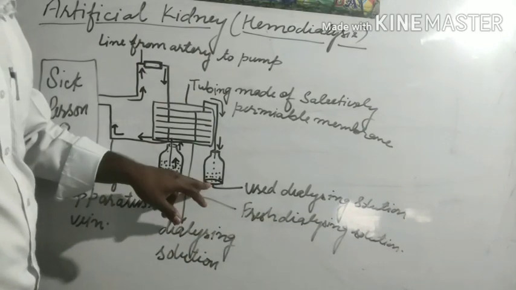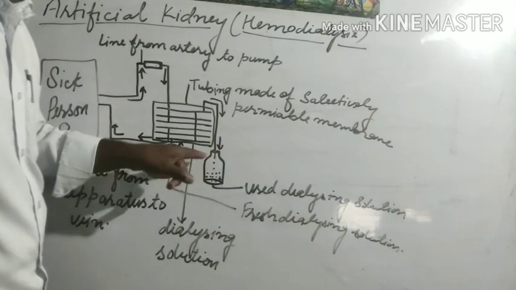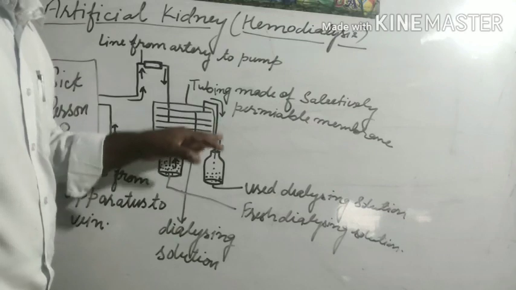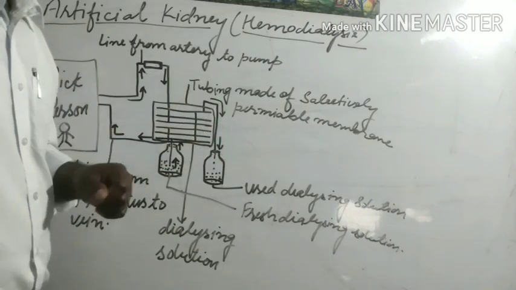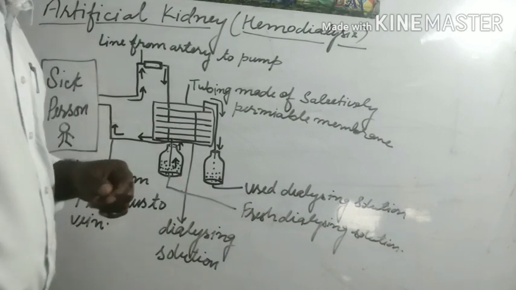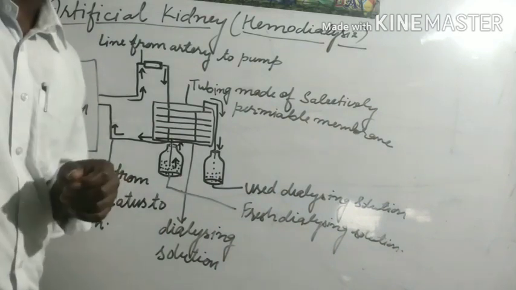There are two figures. One is the dialysis solution, in which the waste is collected by the process of diffusion, because there is a function in the kidney, the reabsorption of extra water.